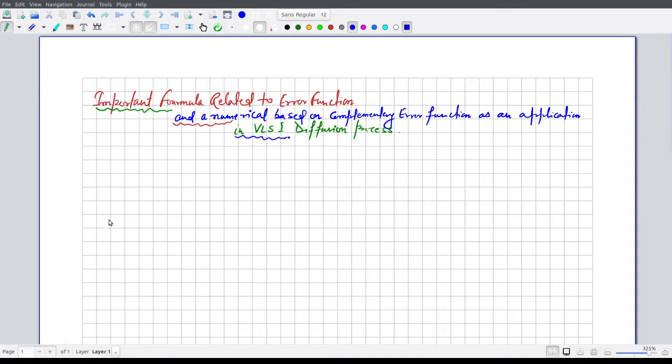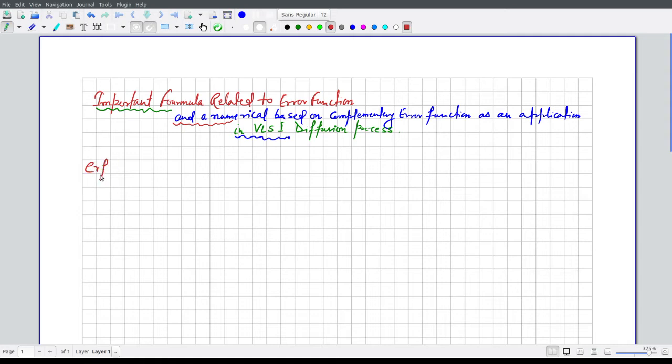Okay, so first we will start with some basic formulas that I already covered in the last two video lectures of the error function. The description of the last two video lectures I will give in my description box. So we start with the basic formula that we are very familiar with.